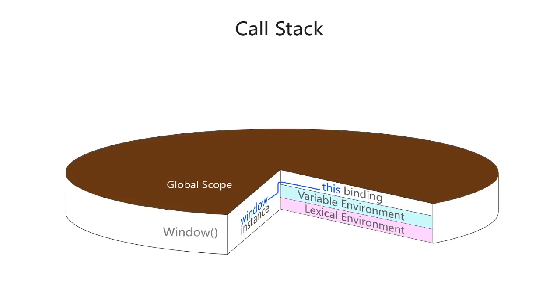And so, having said everything that we have mentioned so far up to this point, what is the call stack in JavaScript? The global scope is the very first layer of the execution context. So whenever your browser runs your application, the first layer of execution context is created by the window object, which is the global scope.